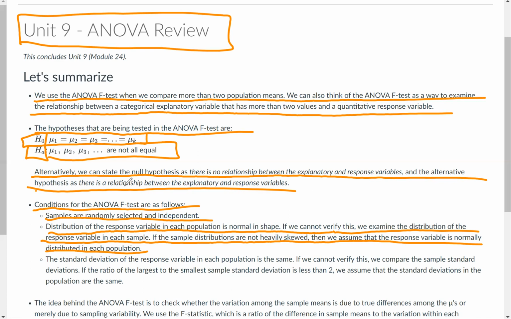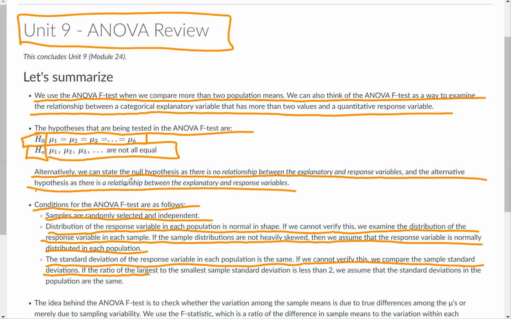population. So that's the same as before, but the only thing that's new for the ANOVA F-test as opposed to the t-scores and the z-scores, sorry, is that the standard deviation of these response variables in each population is the same. If we cannot verify this, we compare the sample standard deviations.